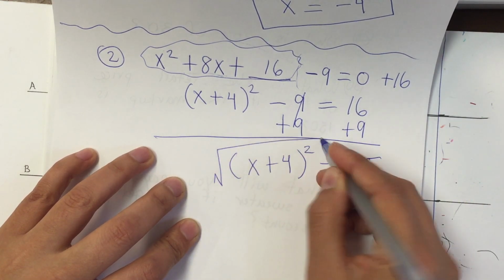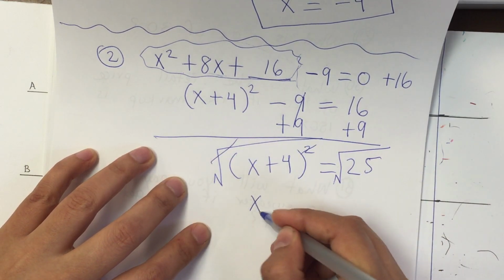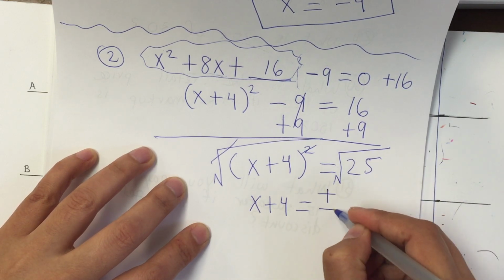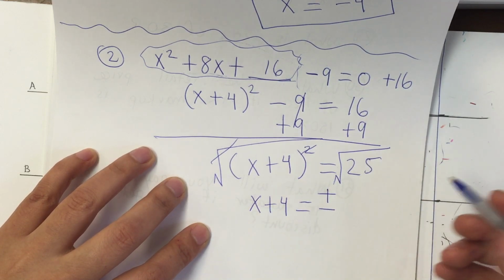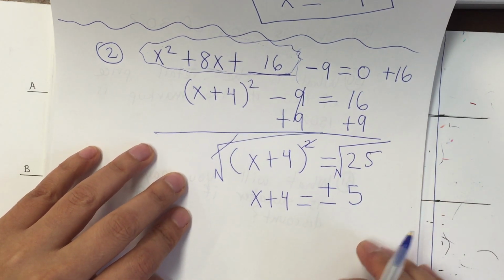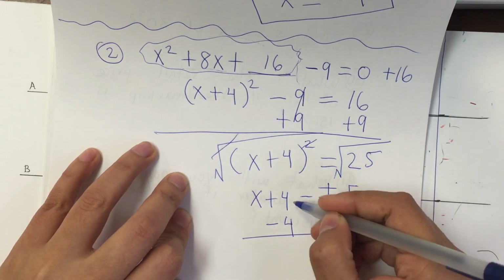We take the square root of both sides, and so x plus 4 equals plus or minus the square root of 25, which is 5. So we're going to subtract 4 from both sides.